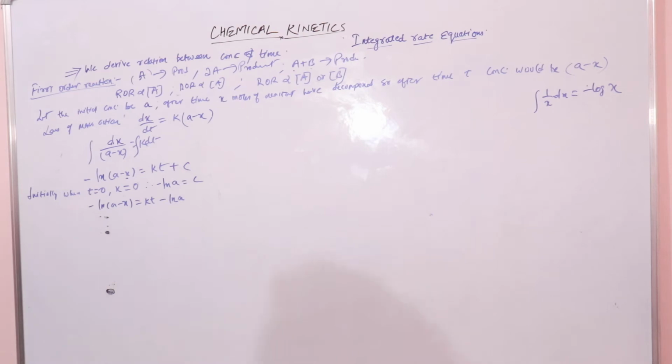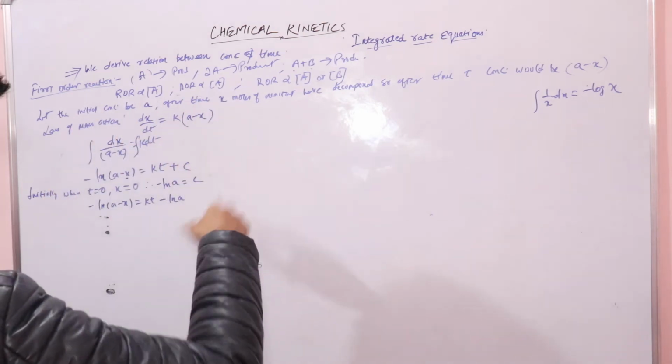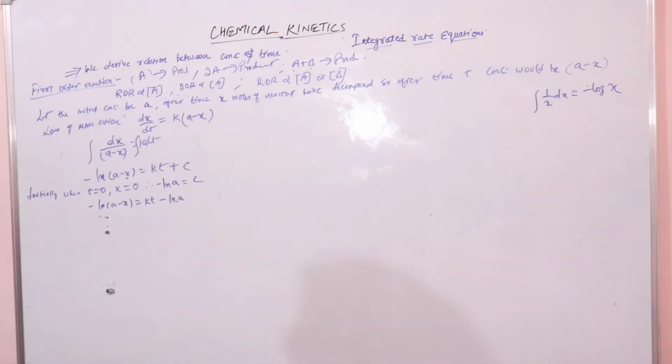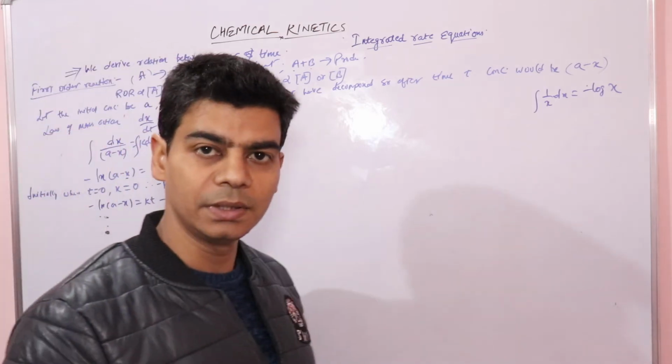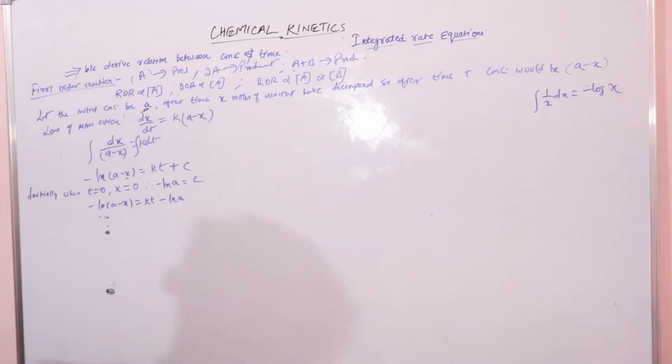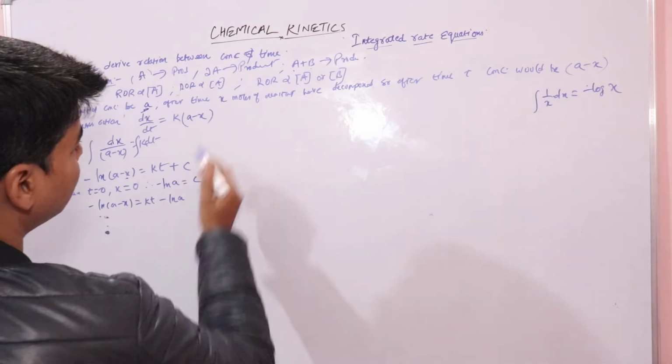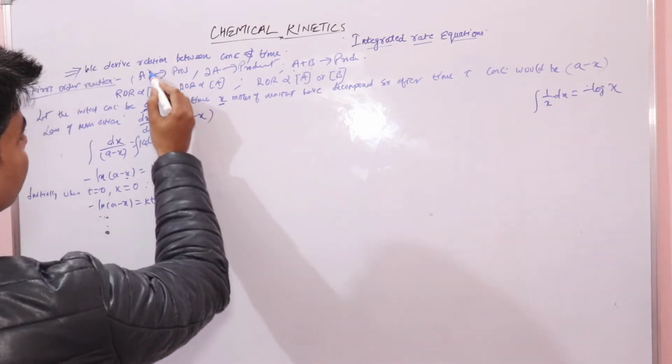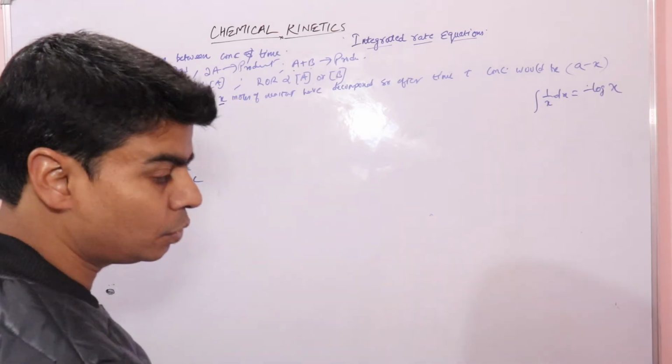This is the form. Now when the reaction will start, let the initial concentration of reactant be A, right? This is the initial concentration. Then after time t, let X moles of A dissociate to give you product.